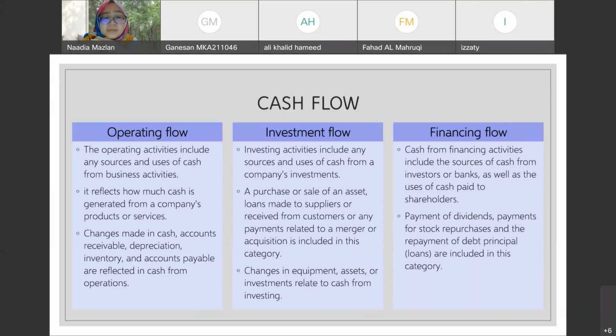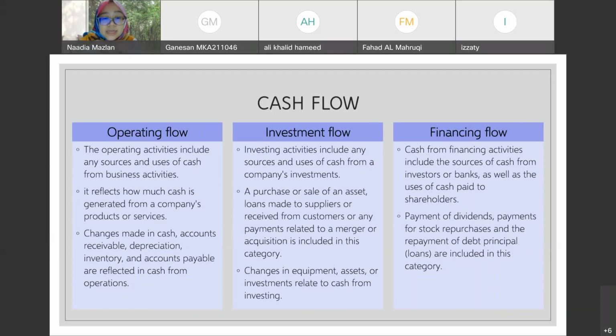Next, we have investment flow, which are investing activities that include any sources and uses of cash from a company's investments, a purchase or sale of an asset, loans made to suppliers or received from customers, or any payment related to a merger or acquisition.